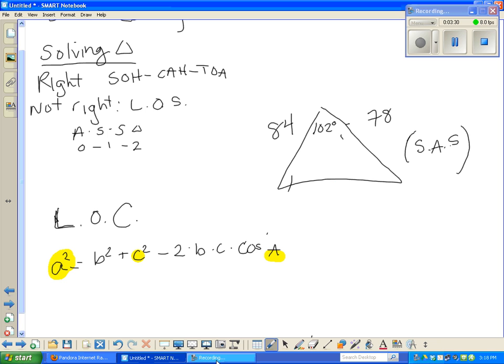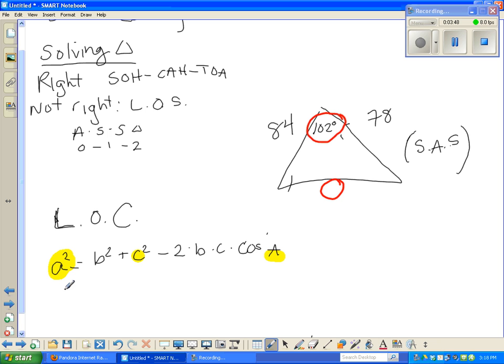Let's solve this triangle that I gave you a little bit before. So for example, I have this angle here. So I'm going to solve for this side here, and these are the pieces that I'm going to put here in yellow. Didn't mean to put yellow on that one, but these two pieces here.